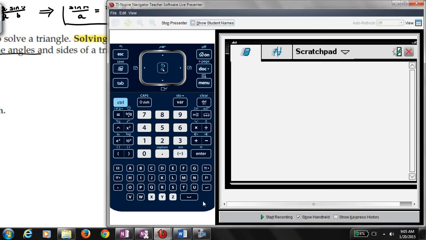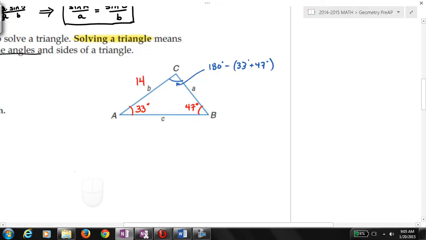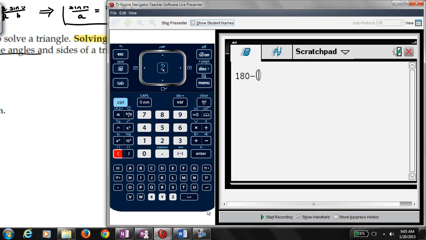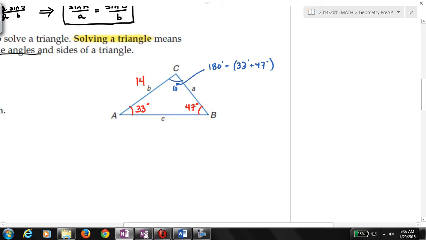And if you do that in the calculator, 180 minus 33 plus 47, we get the angle measure is 100. And again, you want to make sure that you confirm your answers on the calculator.